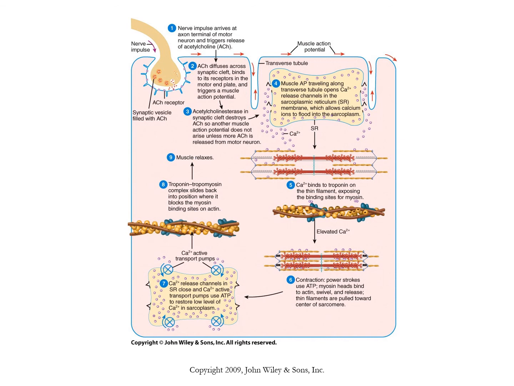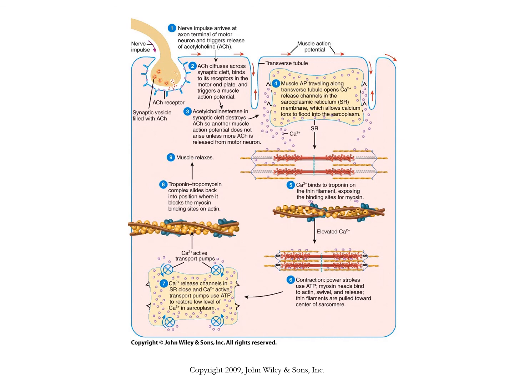In step 3, it mentions that the enzyme acetylcholinesterase in the synaptic cleft will destroy acetylcholine, so another muscle action potential does not arise unless more ACh is released from a motor neuron. Again, contraction will only occur if the motor neuron is signaling contraction and the release of more acetylcholine. Let's resume the whole contraction story.